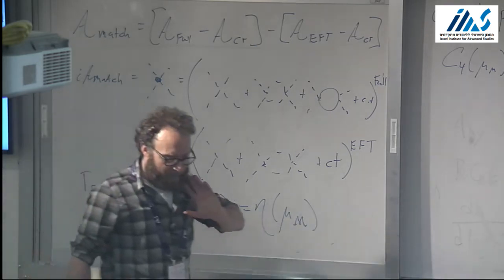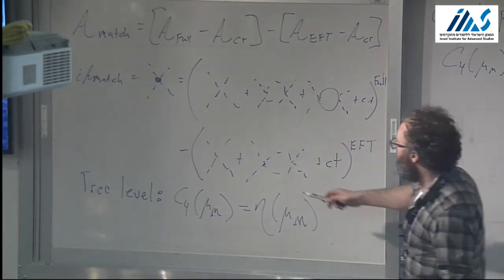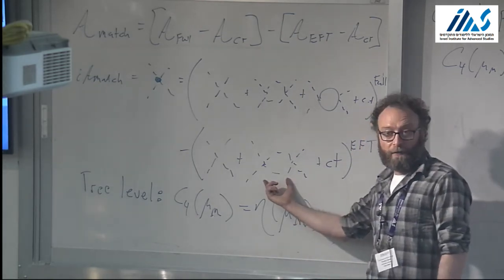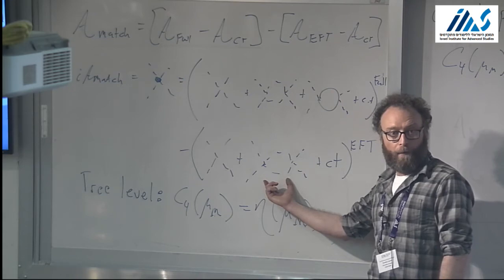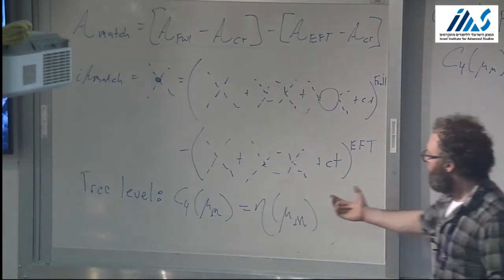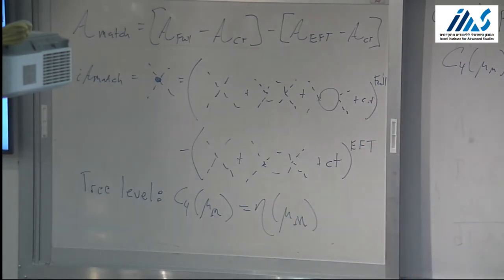It's going to be even sharper in our next example, but already we see that our EFT loops give us a log of little m, just like we had explicitly on the board a minute ago. And one of the tests that you have the right EFT description and that you've regulated the infrared correctly is that you are analytic as you take all of your infrared regulators to 0.